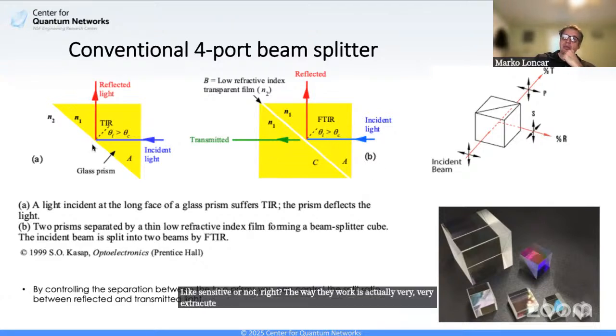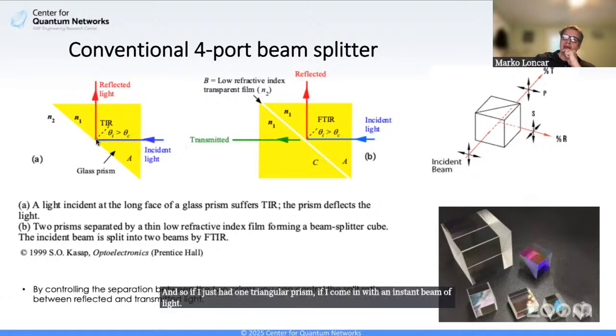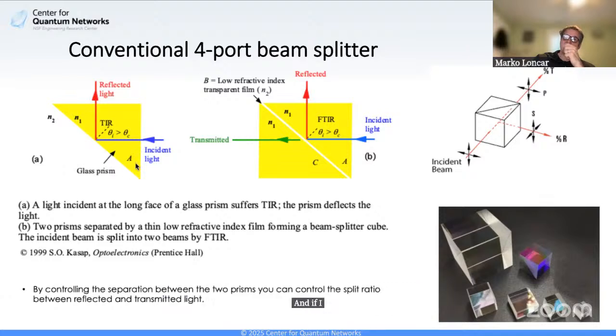They rely on the total internal reflection that I talked about before. You can think about these as a cube that consists of two triangular prisms, okay? If I just had one triangular prism and came in with an incident beam of light, and if I choose this prism angle properly, light will be totally internally reflected at this interface, and all the light is going to go up.